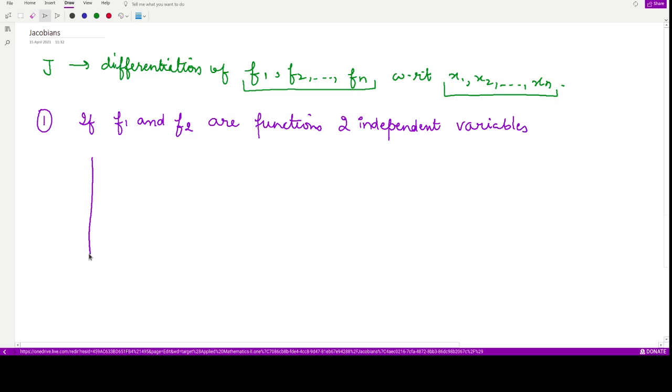Then we take the determinant of del f1 by del x, where I am taking the independent variables to be x comma y.